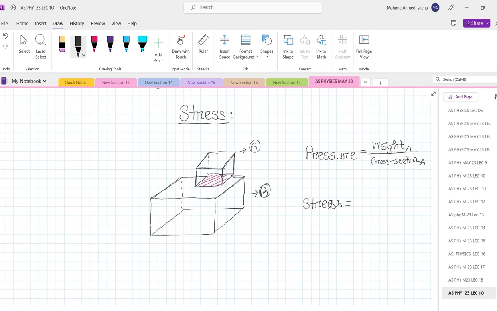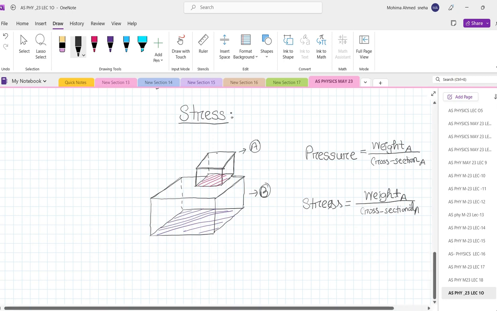But this time the force is again the weight of object A, because object A is the one applying force on object B. So the force will still be the same, the weight of object A. But this time this force is acting on object B, so we are going to use the area for object B, which is the cross-sectional area for object B.